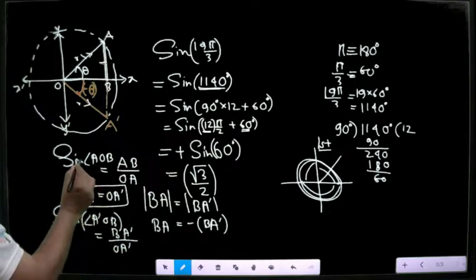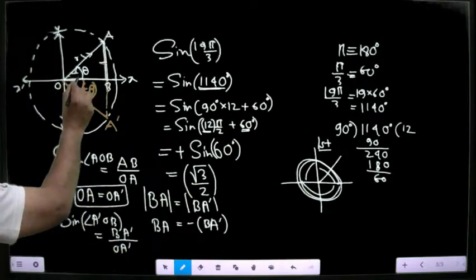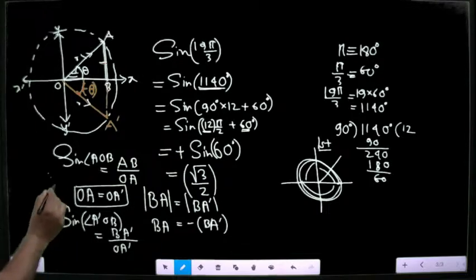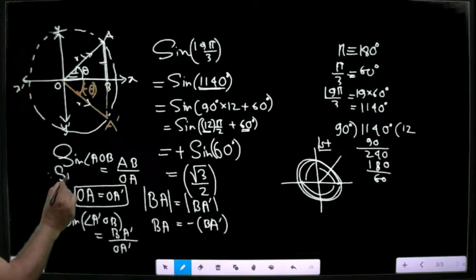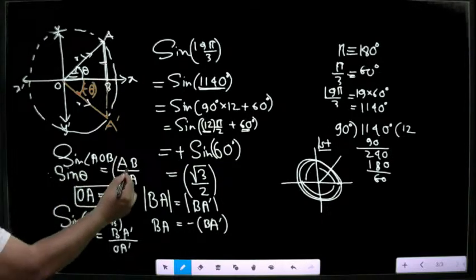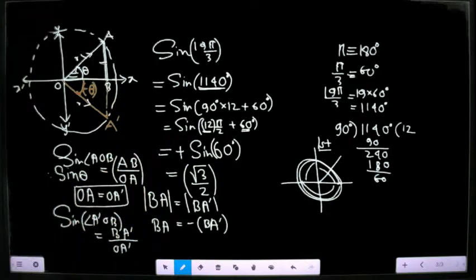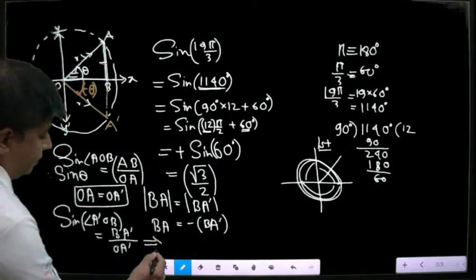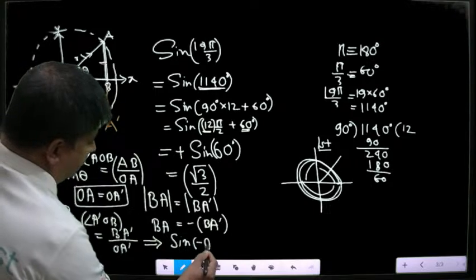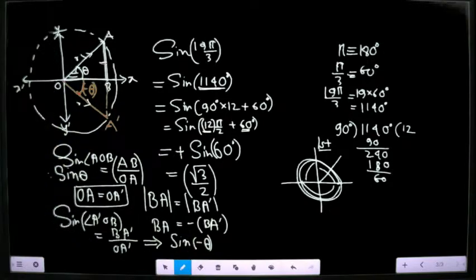Now sin AOB was measured as theta. It gave you sin theta, and sin theta is AB by OA. But here sin A dash OB means sin of minus theta.